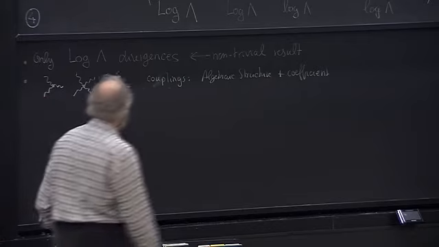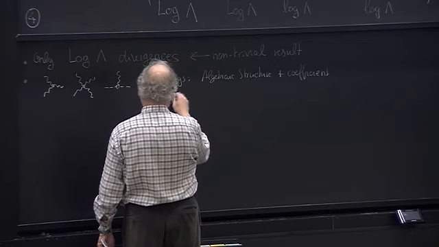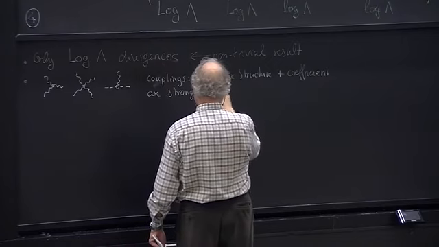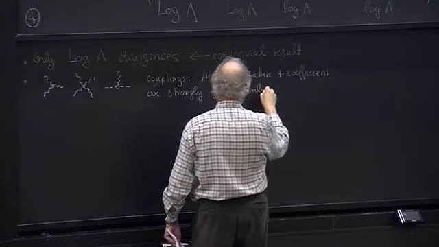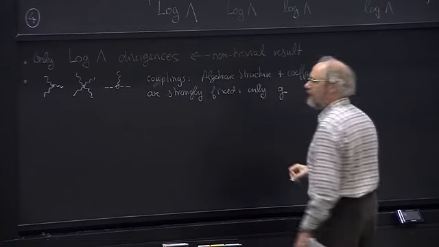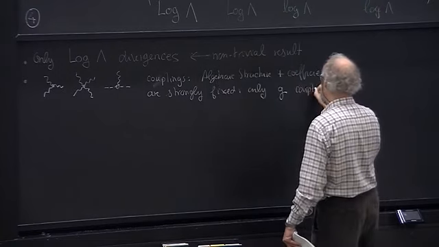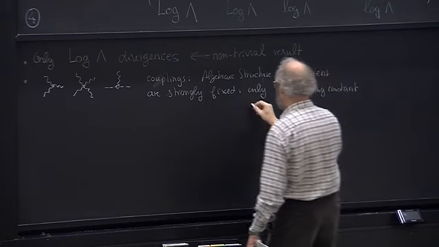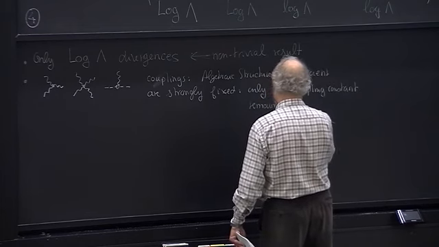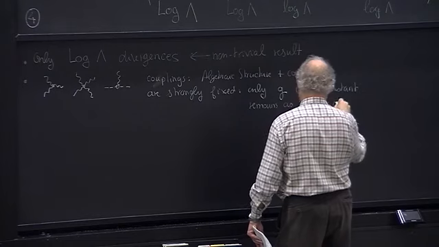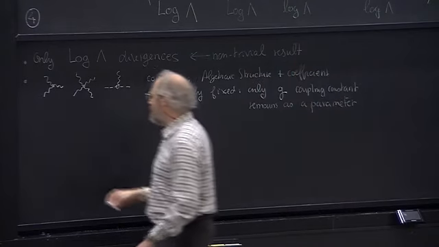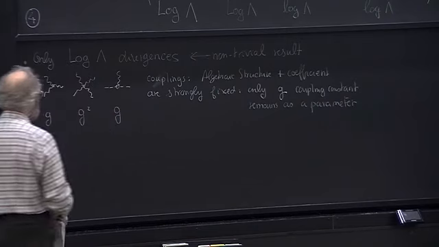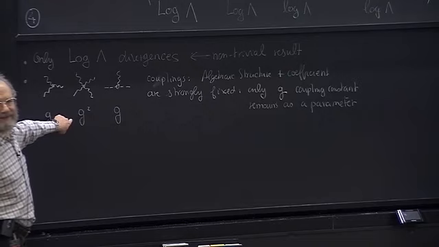The couplings are strongly correlated, strongly fixed, and only g, the coupling constant, remains as a parameter. Which means that if you have a coupling g here, you must have a coupling g squared here, but you cannot choose this to be 2g squared. Okay.